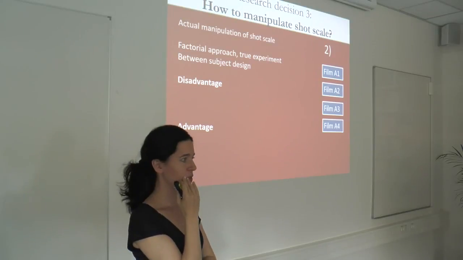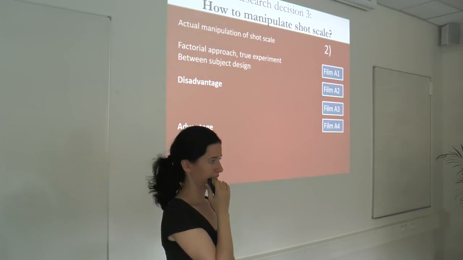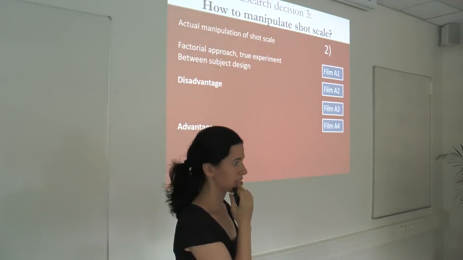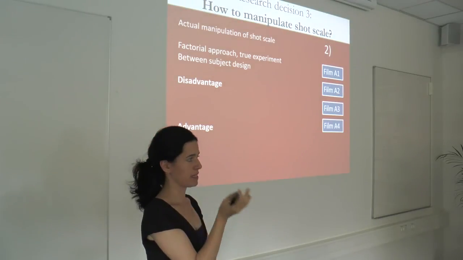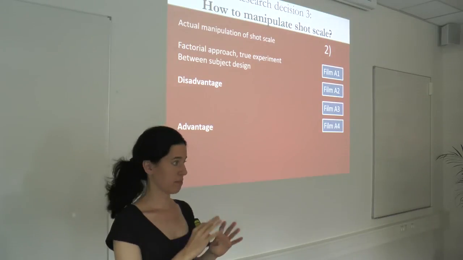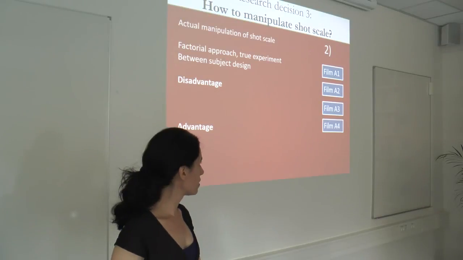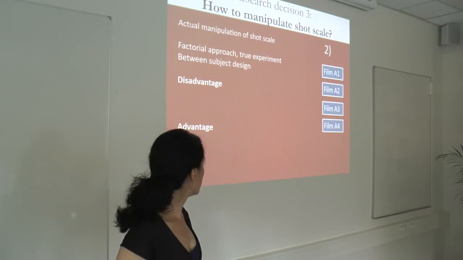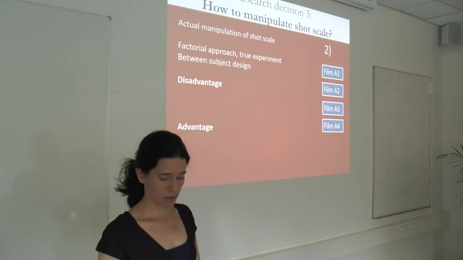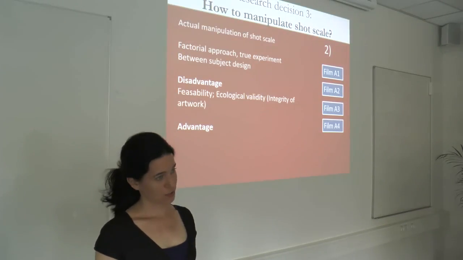There's increased variability between people, so when you're not comparing them to themselves, you have to have more people to overcome it. Yes, exactly. So there will be differences in trait theory of mind, and in many other things, which is very difficult to control or to think of all of them. And another disadvantage is the feasibility.